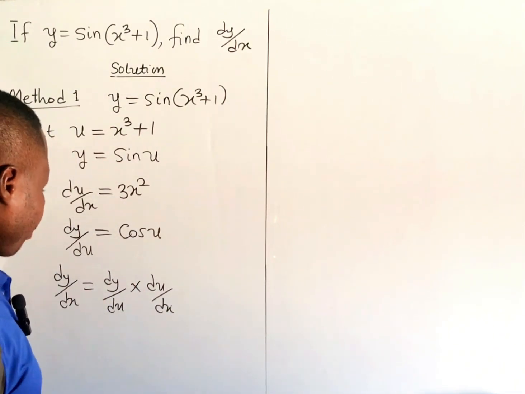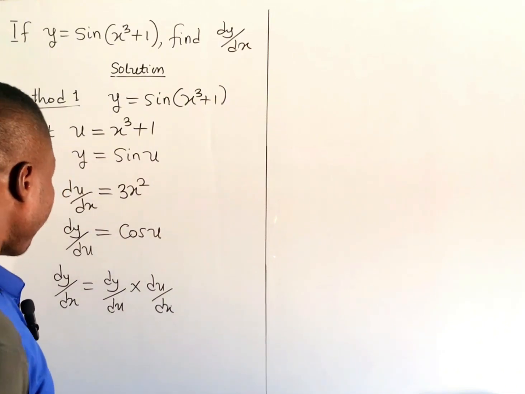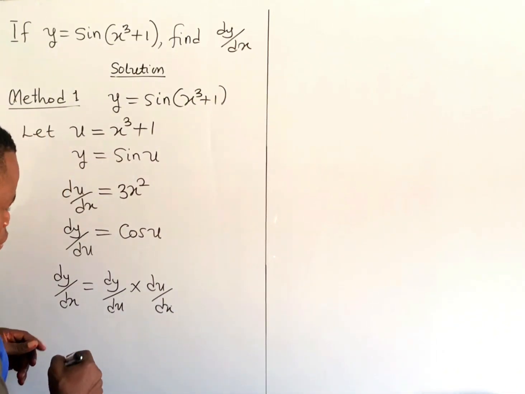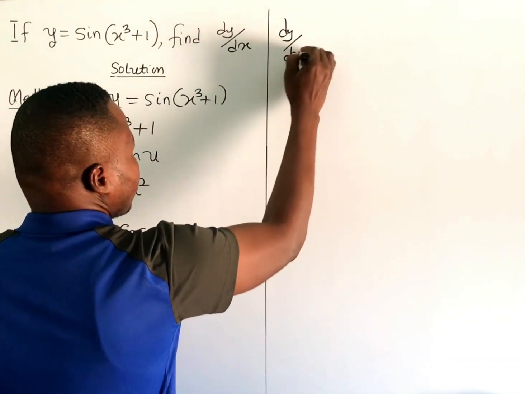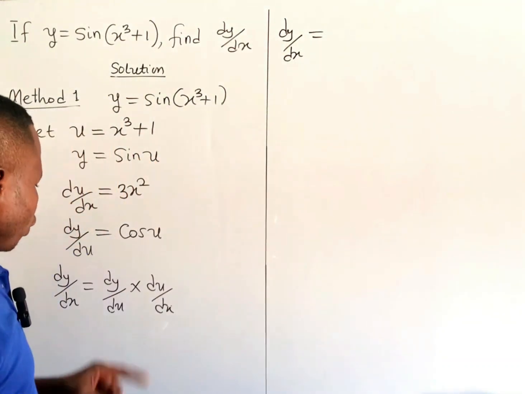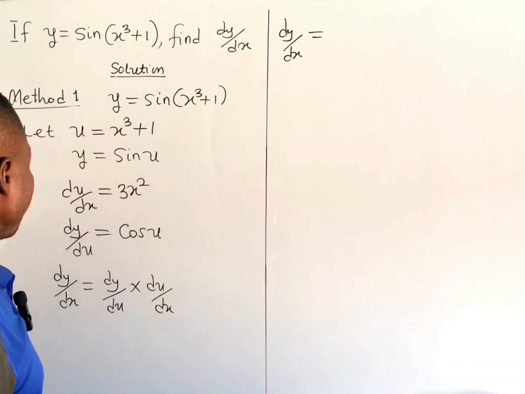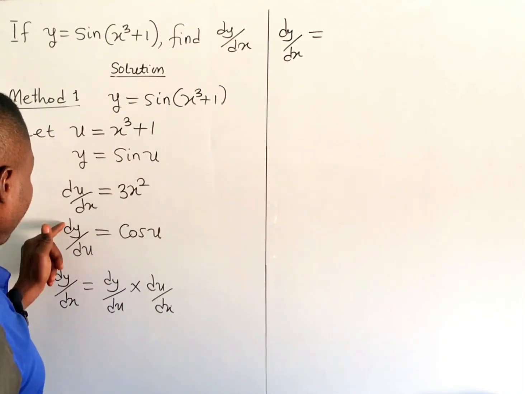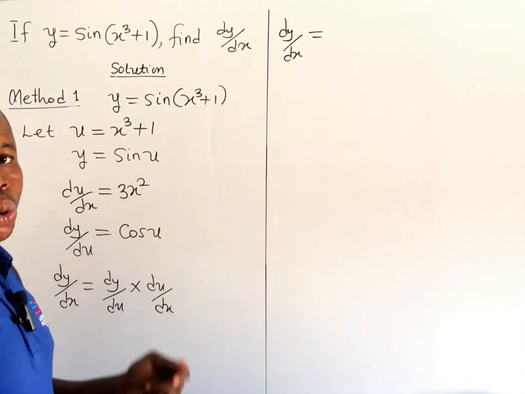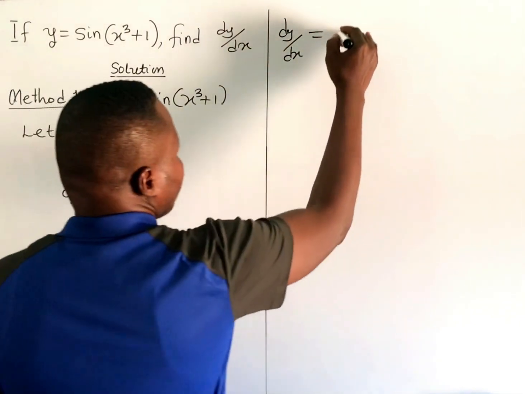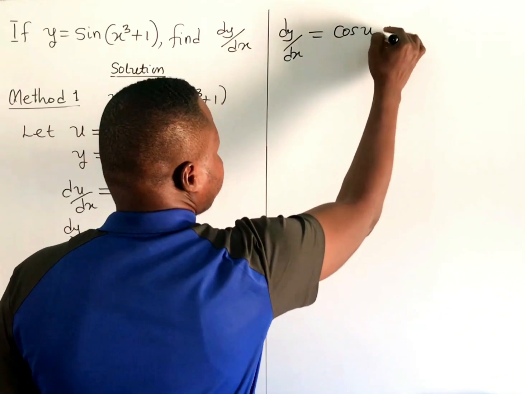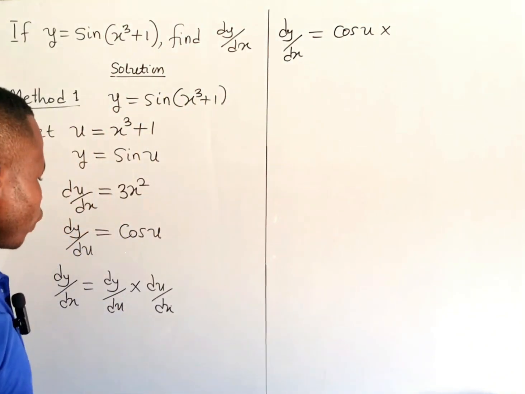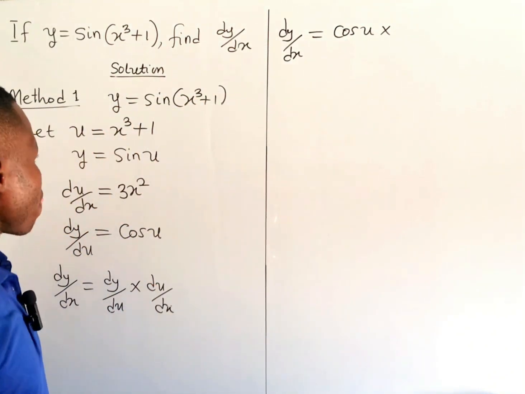So after this, I will now substitute the values. To substitute the values, I will have dy dx to be equal to dy du. What is dy du? Dy du here is cos u. So I'll write cos u times du dx.